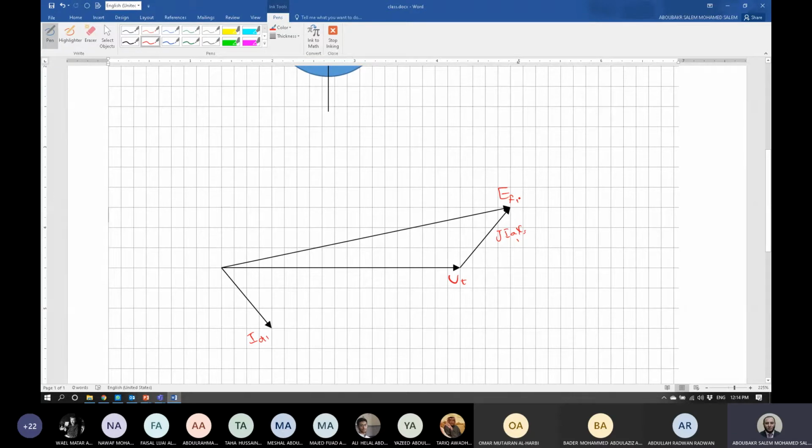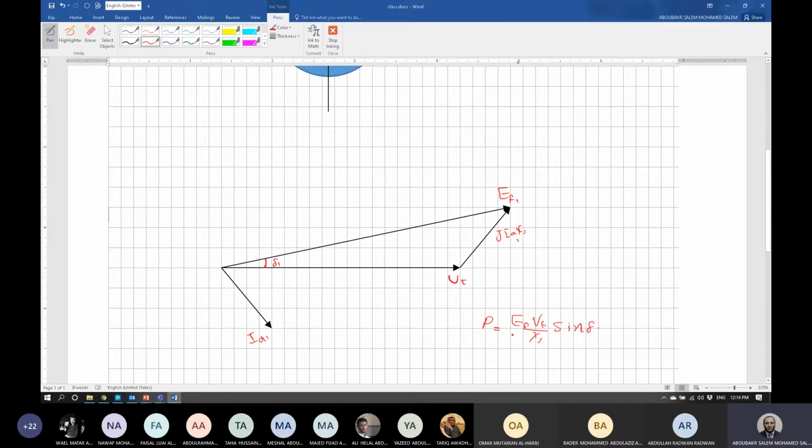Now on this phasor diagram, guys, of course we know that this is angle delta. So this is delta 1 for EF1. For constant power operation, guys, you know the relation of power equals EF V terminal over XS sine delta.